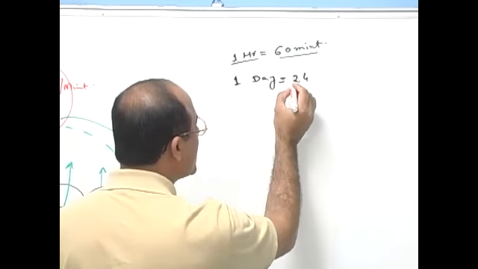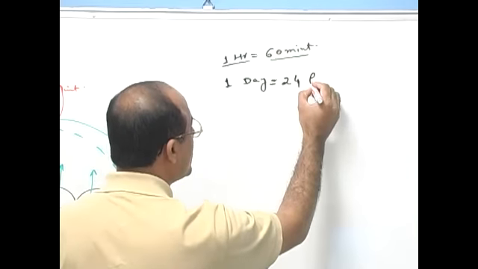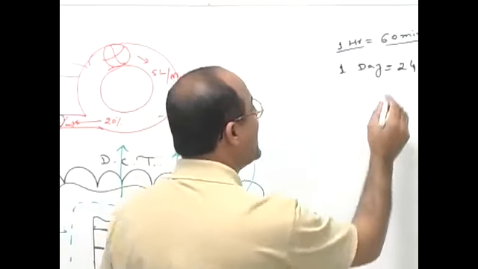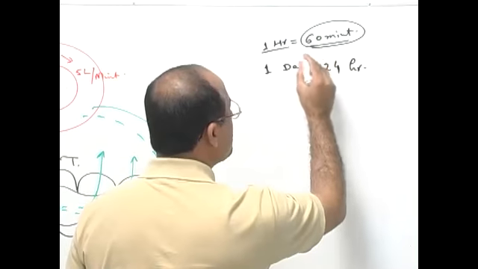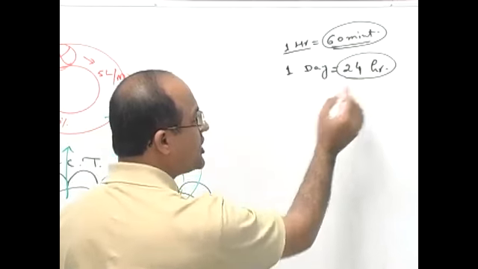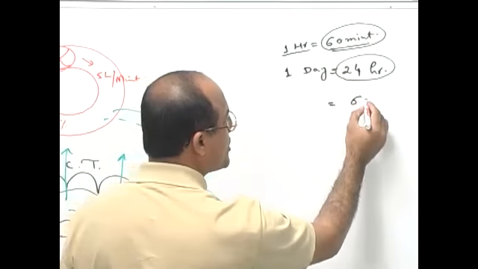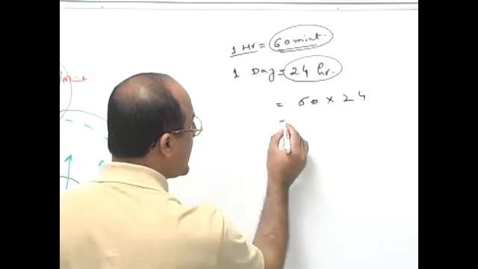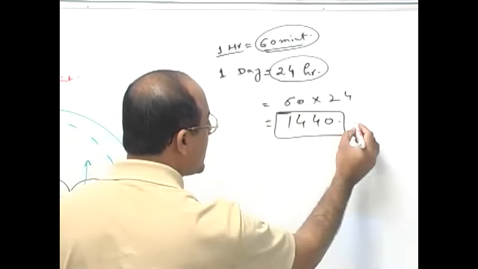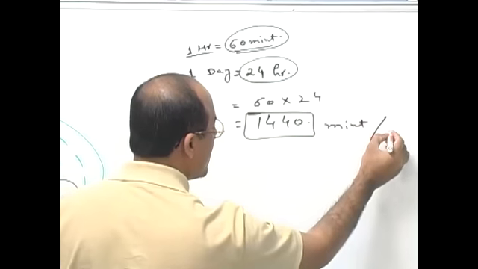And do kidneys work intermittently or continuously, healthy kidneys? Continuously. Now look at it. She has 60 minutes per hour and she has 24 hours to produce the urine. So how many minutes does she have in total? Of course, 60 into 24, it will become something like this. So, these are the number of minutes per day.